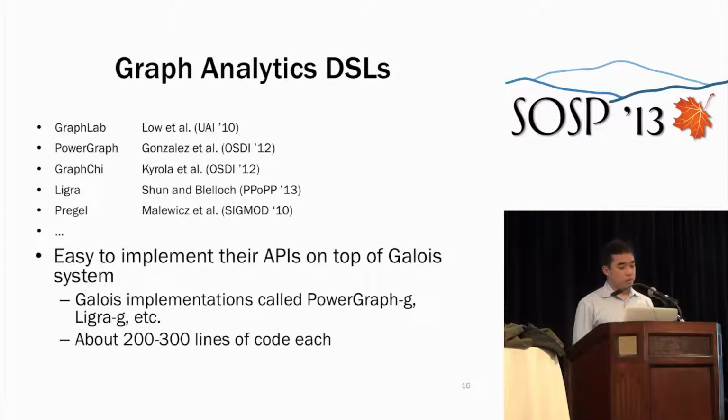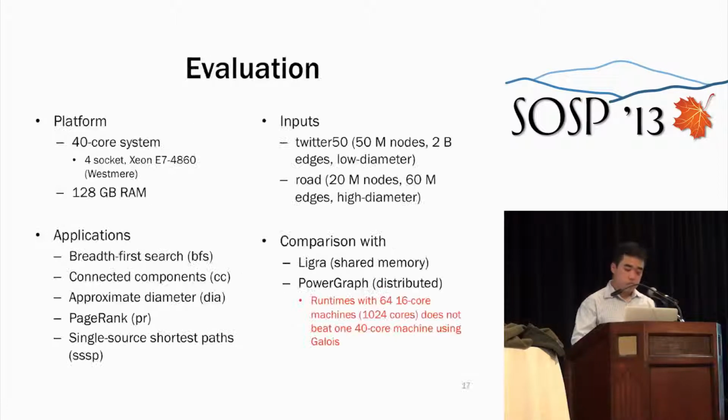The reason is that the Galois system provides more general support, so many of these graph analytics DSLs are just special cases of programs that the Galois system already supports. In particular, I was able to re-implement GraphLab on a shared memory machine on top of Galois. Likewise, I implemented another DSL for graph analytics, Ligra, on top of Galois. These implementations are called GraphLab G and Ligra G in this talk. It only took a few hundred lines of code to do each.